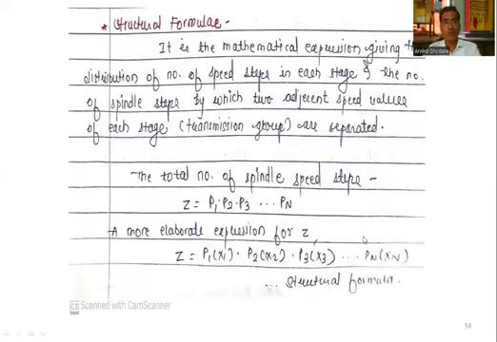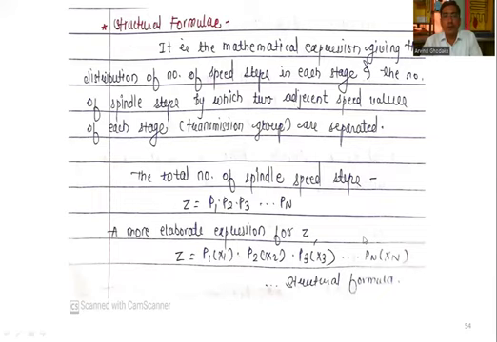What is meant by structural formula? It is the mathematical expression giving the distribution of the speed steps in each stage and the number of spindle speed steps by which two adjacent speed steps are separated. The total number of spindle speed steps is calculated using the formula Z = P1 · P2 · P3 ... Pn.